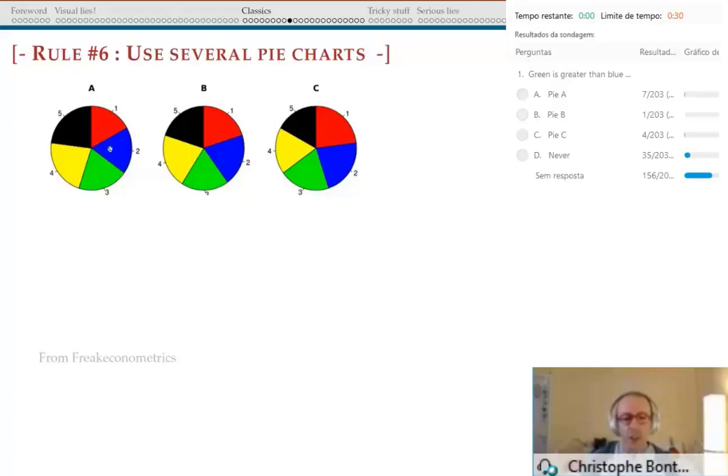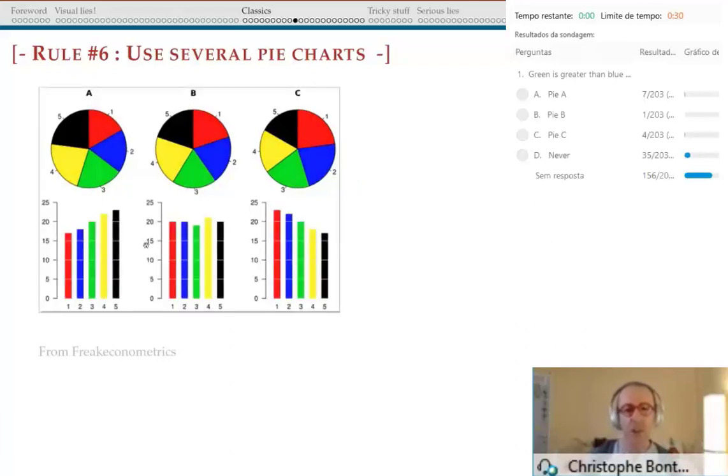But in fact, it would have been so easy to design another type of graphic. So yes, of course, it's important to know the share and that the total share is 100%. But if you really want to compare, and if the proportions of the slices are very, very equal here, around 20%, it's better to do a bar chart.